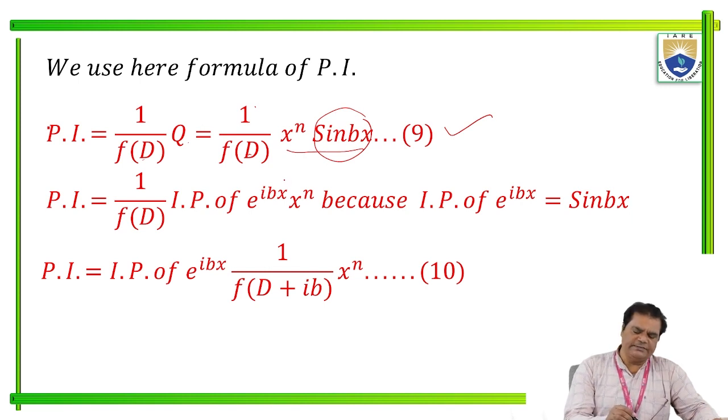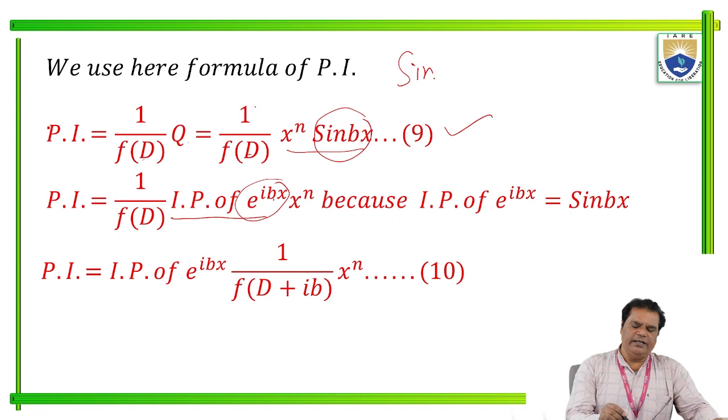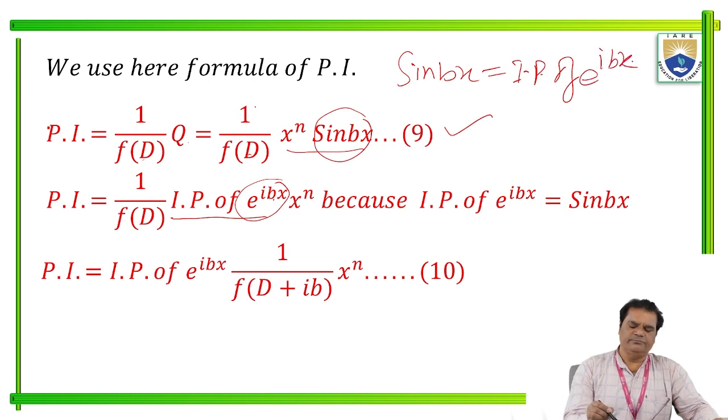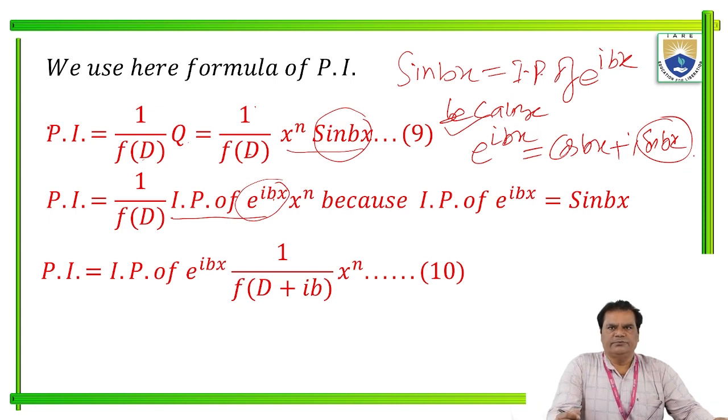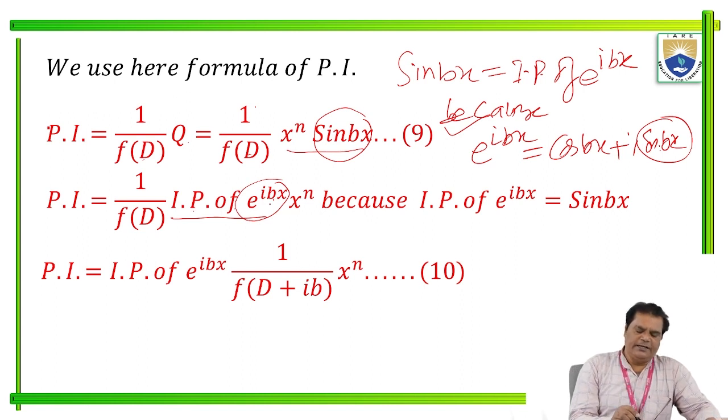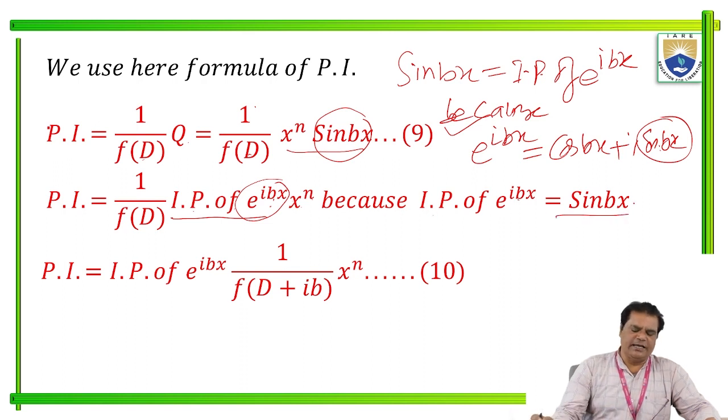In place of sin vx, we write e to the power ivx, taking the imaginary part, because e to the power ivx is equal to cos bx plus i sin bx. This imaginary part is sin bx. So I am writing the imaginary part of e to the power ivx times x to the power n.